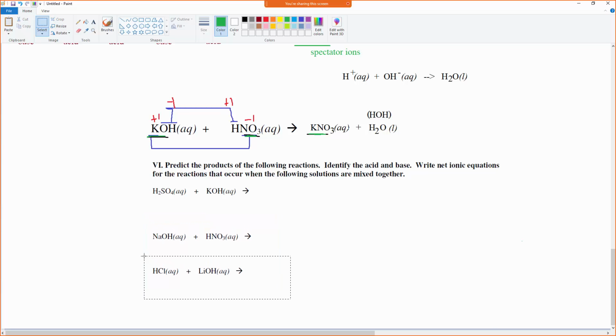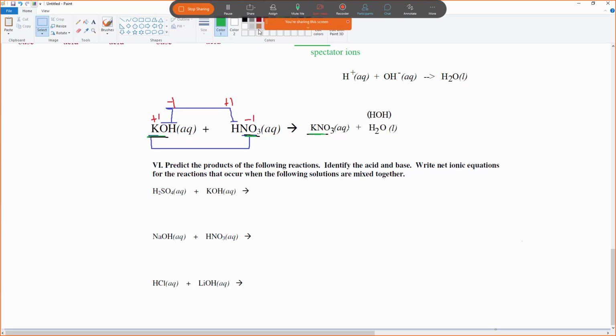Right, H2SO4 plus KOH. What are my products going to be? Yeah, the K is going to go with the SO4, and the H is going to go with the OH.